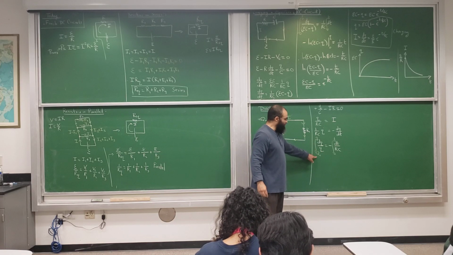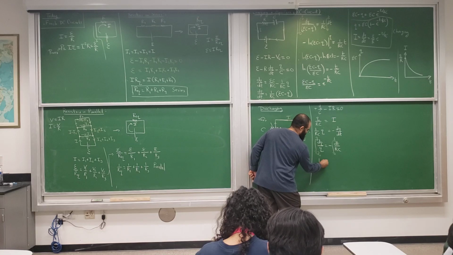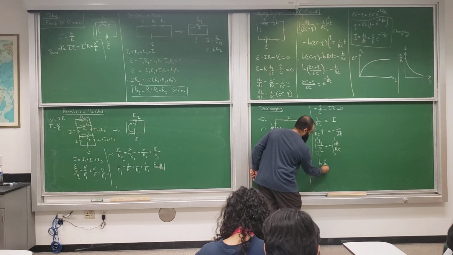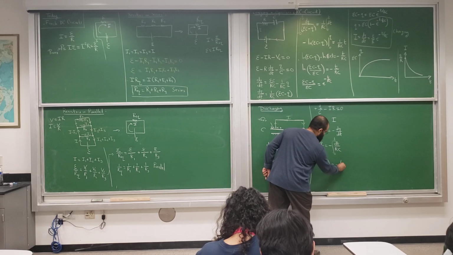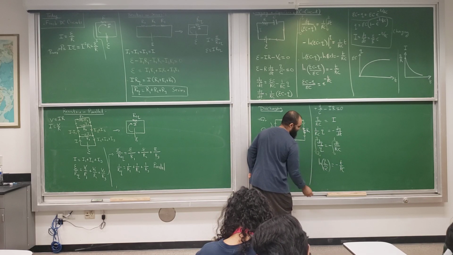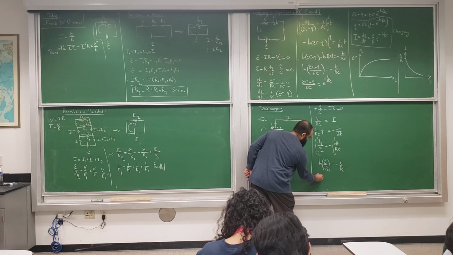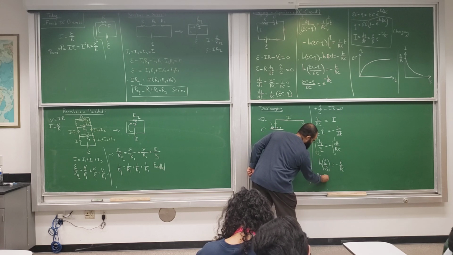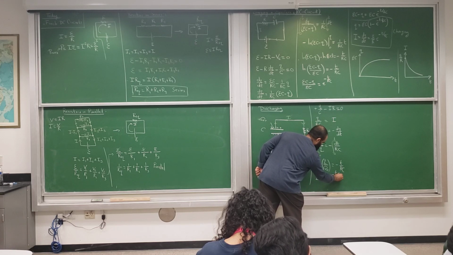And it would be ln of q over capital Q, right? And here you will have minus t over RC. And so do the exponential and then multiply by q naught. So you get little q equals q naught e to the minus t over RC.